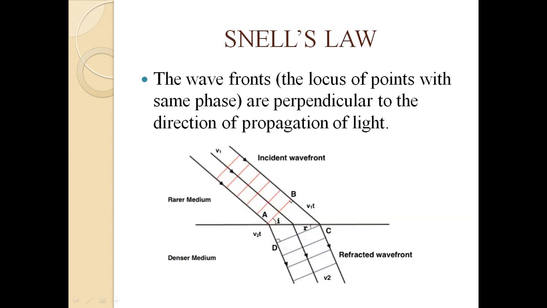Consider a wavefront. Wavefront means the locus of points with the same phase in a wave. The wavefronts are perpendicular to the direction of propagation of light. In the following figure, you can see the incident wavefront and the refracted wavefront separated by a boundary.